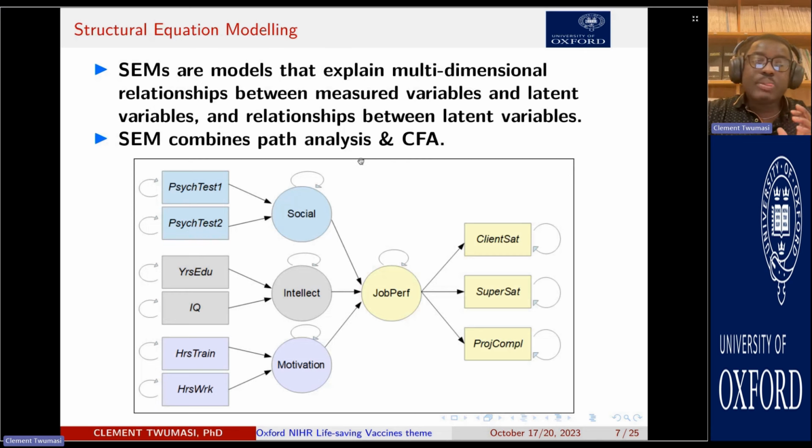So basically what structural equation modeling is trying to do is not model just a one-dimensional association between the predictors and the outcome, but explore complex relationships, not even with a single dependent. It could be a single dependent, but it could also be a set of dependent variables, and we can even look at how those dependent variables correlate with each other, whilst also investigating the relationships between the latent variables.